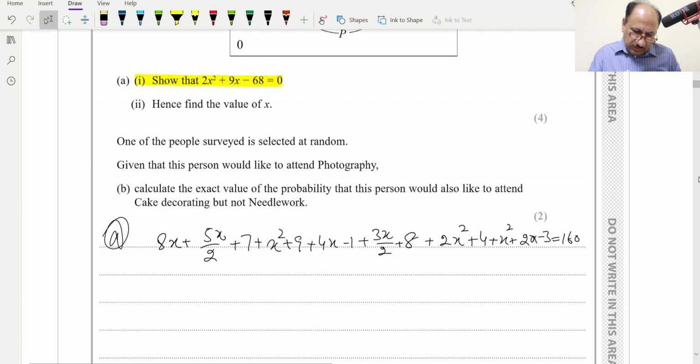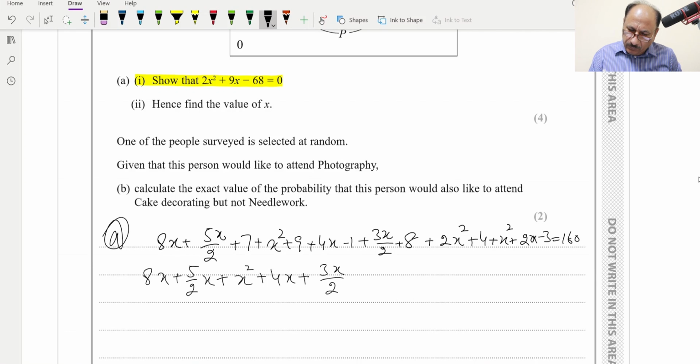So you can see clearly. Now what we can do is separate the x terms: 8x plus 5 by 2x, then plus x squared, then plus 4x and plus 3x by 2, and plus 2x squared plus x squared and plus 2x.